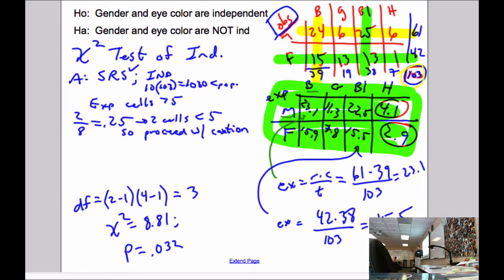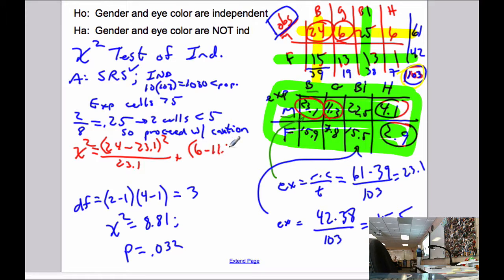Then we got to set it up. Remember, we got to find the p-value. So chi-squared is equal to observed, so 24 minus expected of 23.1 squared divided by the expected of 23.1, plus, I'm just going to go to the next cell, 6 minus 11.3 squared over 11.3.